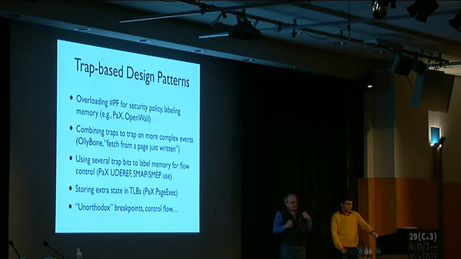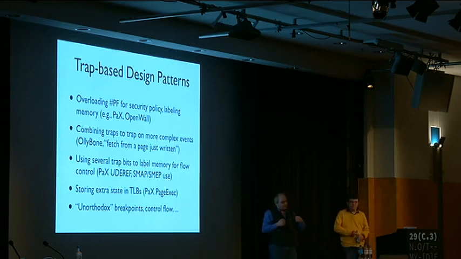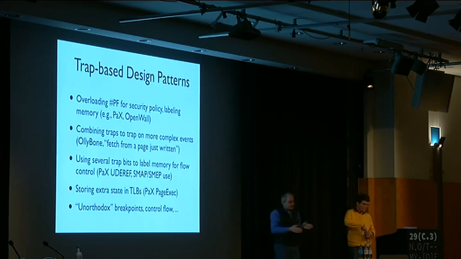But then, of course, you want to allow the right kind of flows. And what you want is to be able to label memory according to how it's supposed to be used. And again, you look at a number of projects and you find that they manage to craft those labels across the different trapping bits. Isn't that nifty?